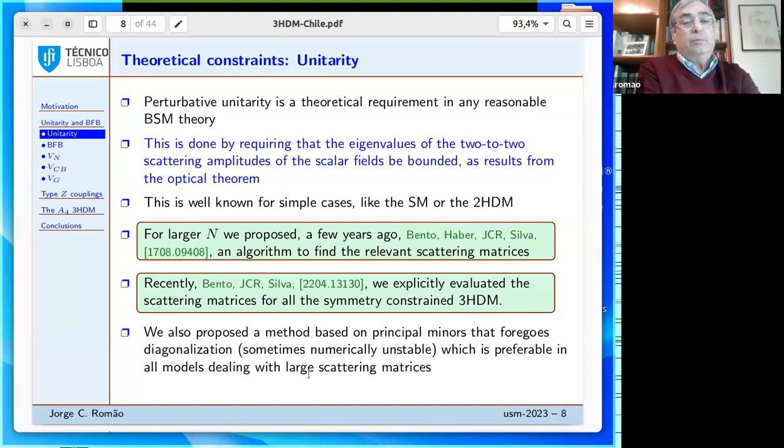To avoid that, we proposed a method of enforcing this unitarity based on principal minors, which are easier to deal with than finding numerically the eigenvalues. This is explained in this paper with Bento and João Silva. And it turns out it can make things much more stable and faster.